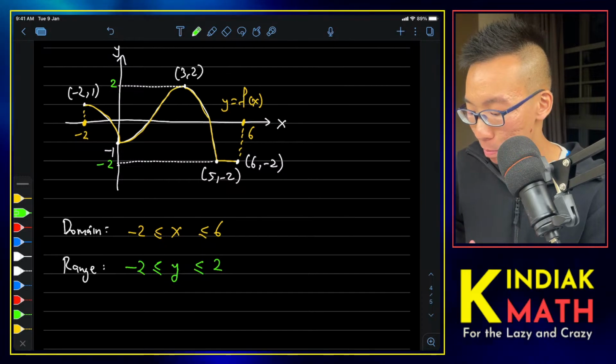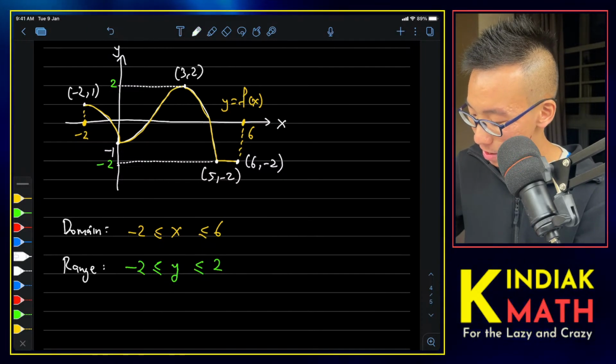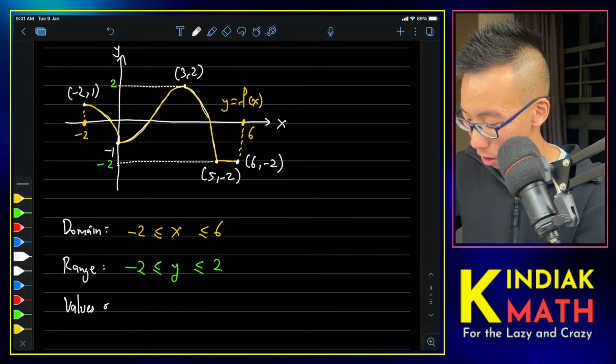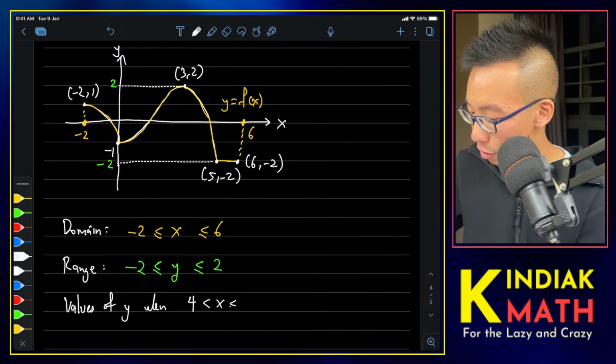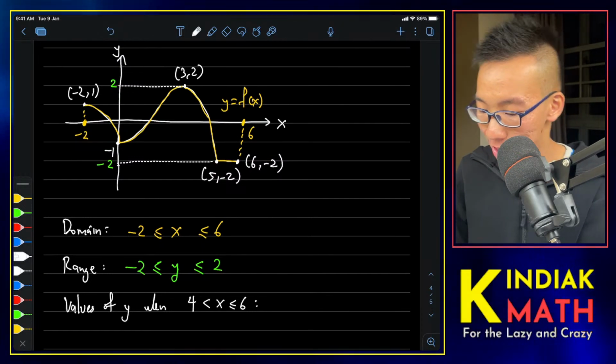However, that's one of the questions, but then we are given a second question which basically asks, what are the values of y when x lies in between 4 and 6? So we have to think a little bit about that.